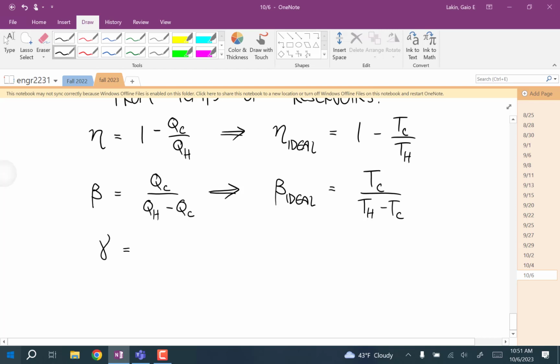We define the performance as QH over the quantity QH minus QC. And so the ideal is TH, temperature at the boiler, divided by TH minus TC.